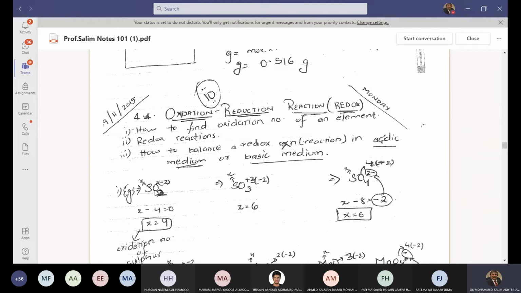So X plus 4 times -2 equals -2. So X minus 8 is -2. X will be equal to -2 plus 8, and X is equal to +6. I am sending you a picture. Please tell me if you don't understand from my screen.